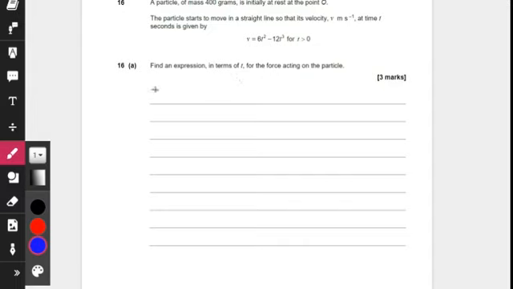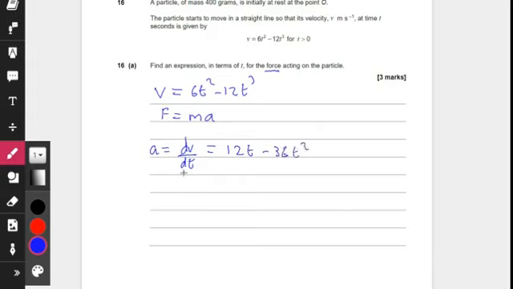Okay, well, if v is equal to 6t squared minus 12t cubed, and they want us to work out force, we're going to be using F equals ma. That's telling us that we need to work out what acceleration is. So a is equal to dv/dt, differentiating, which equals 12t minus 36t squared.